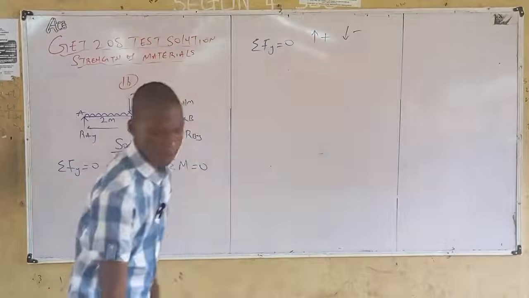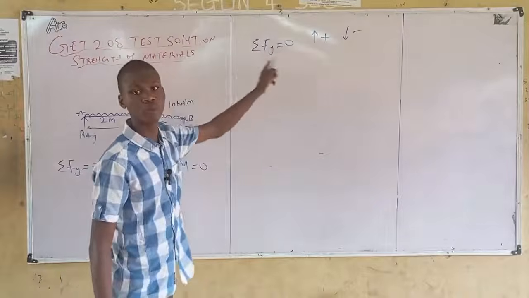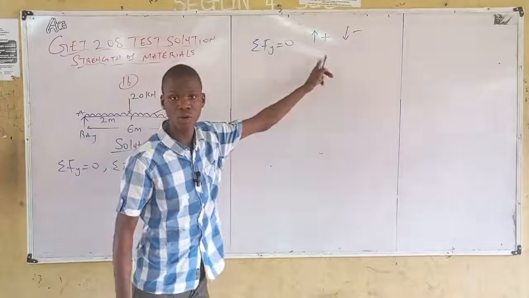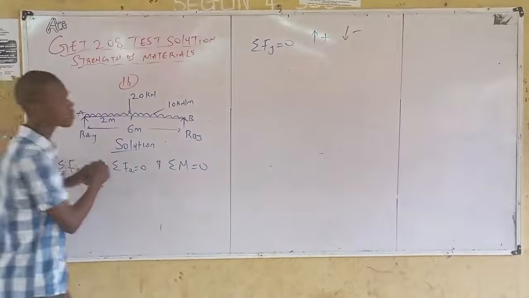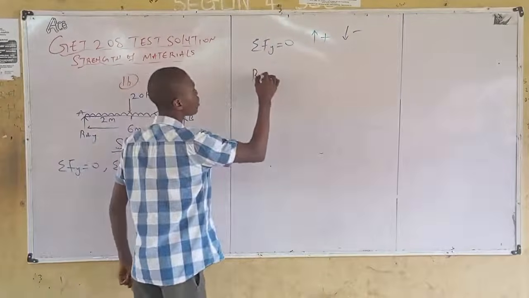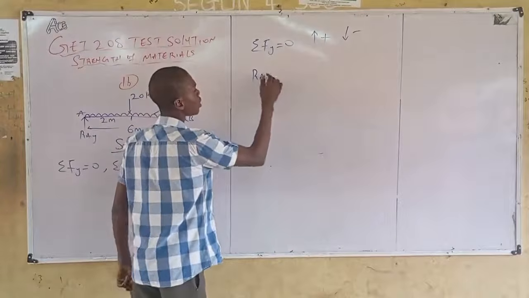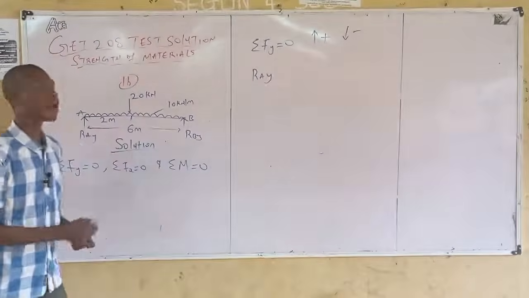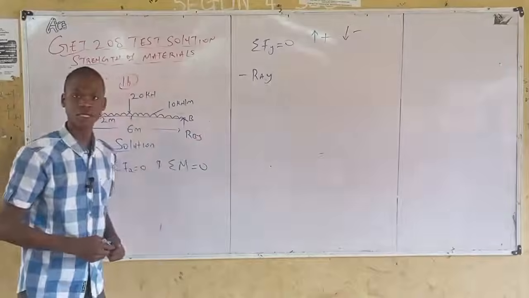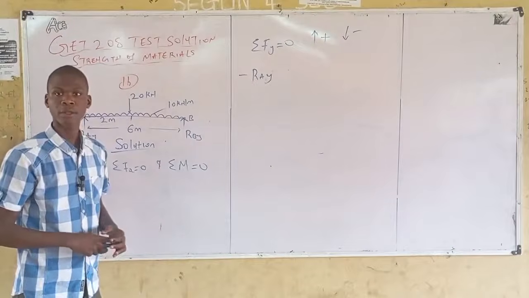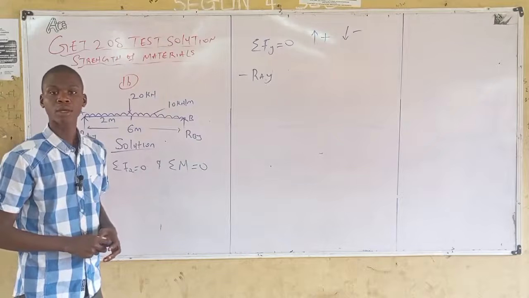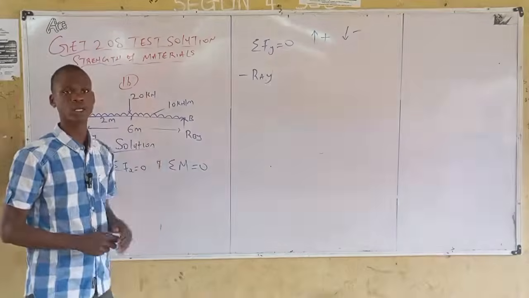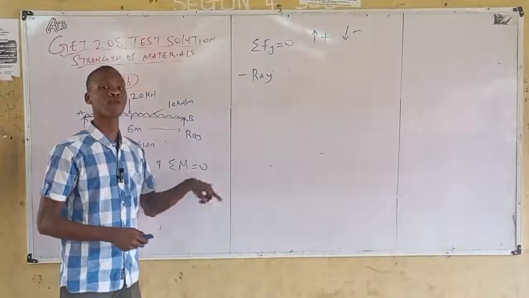With that, applying this condition, summation of vertical forces equals 0. What will I have? Positive RAY, right? If I put a negative here, am I correct? No. Why? Because it is going upward. It is an upward force.